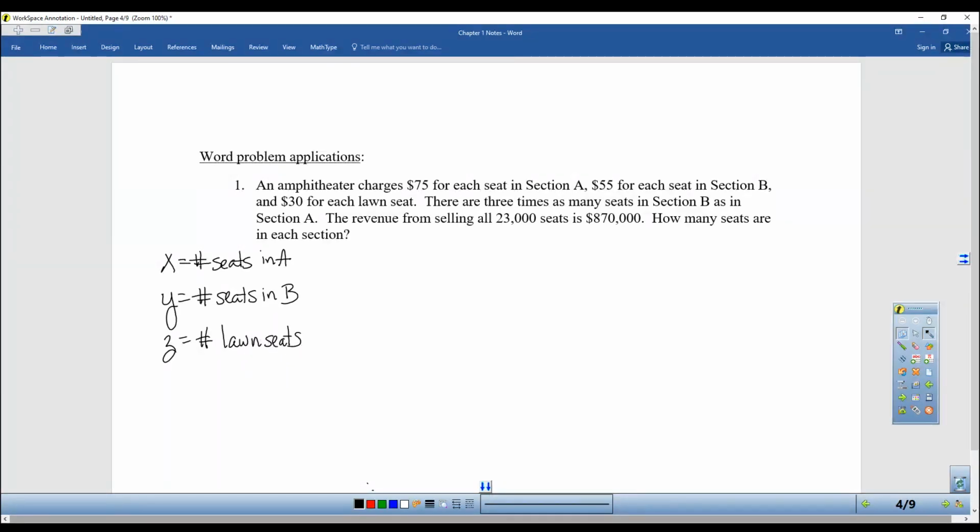Always make sure that you define your variables. You can't assume that I know it. And then you can make your system.